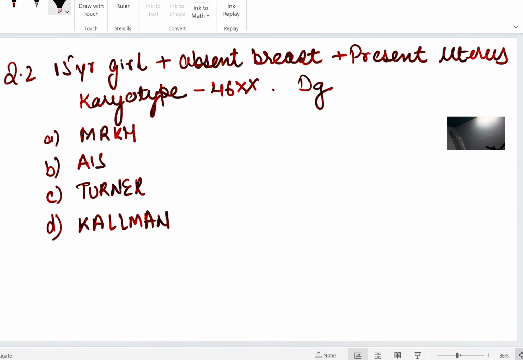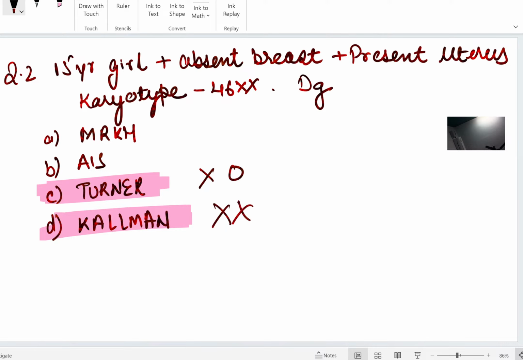Yes, it is A. No, it is not A, Dr. Isra. In this, the genotype is XO and here the genotype is XX. So the answer is D.